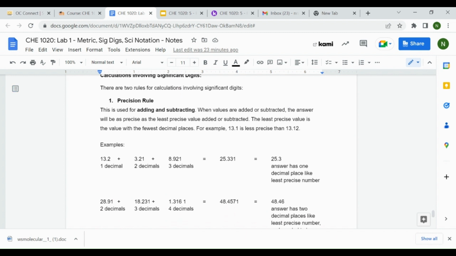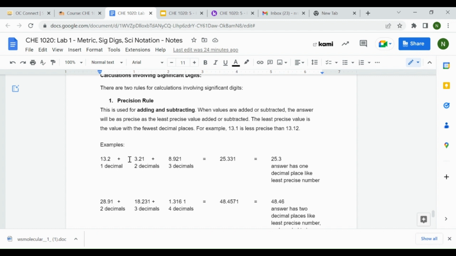So when we're doing calculations involving significant digits, here are the 2 simple rules you're going to follow. Whenever you're adding or subtracting, we look at the number of decimal places there are. So in this first example, I've got 1 decimal place in this number, 2 decimal places in this number, 3 in this number.